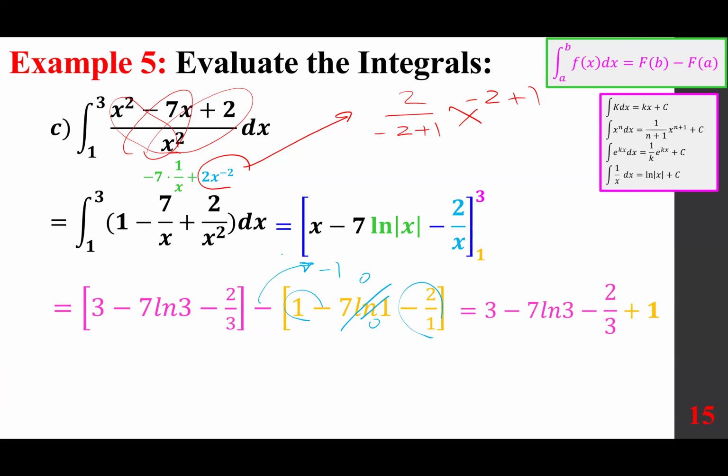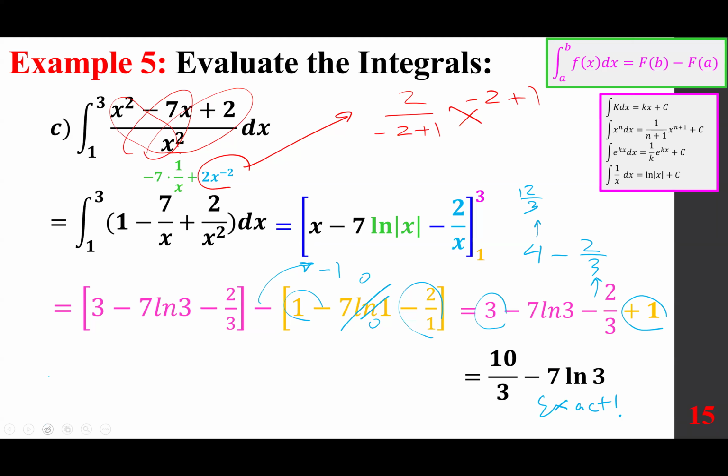Again, the first brackets we are not changing. 3 and 1 add up to 4, minus 2/3, and 4 is 12/3. We get 10/3 minus 7 ln 3, which is an exact answer. Always keep it as exact unless you've been asked to change.